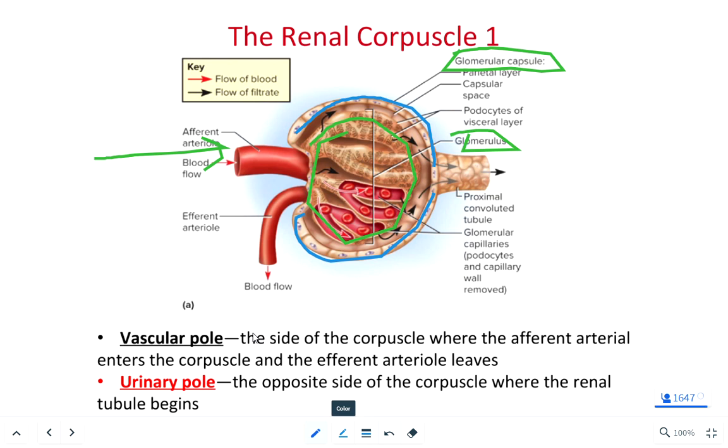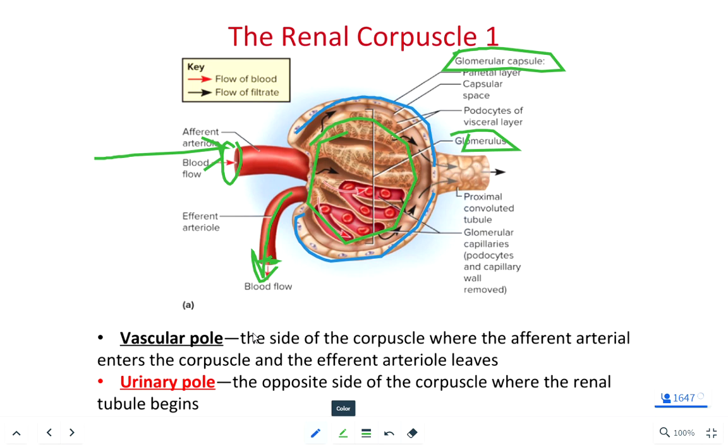And what ends up happening is as blood flows in through the afferent arteriole, it goes to the capillaries of the glomerulus, and it will leave through the efferent arteriole. And that afferent arteriole is much wider in diameter than the efferent arteriole. So we have a pressure gradient buildup. There's a high pressure in the glomerulus because of the differences in diameters.